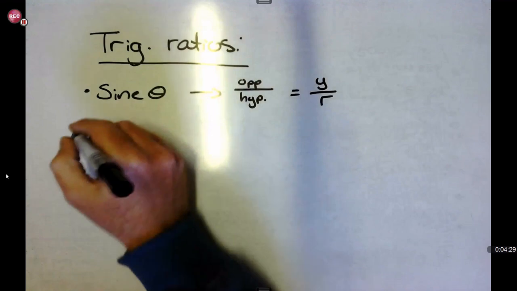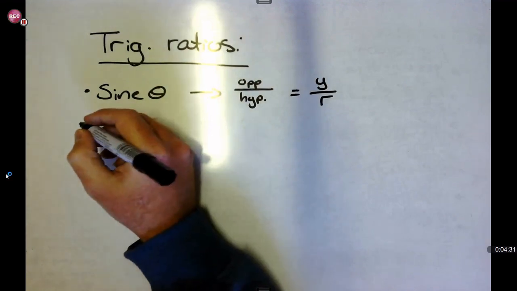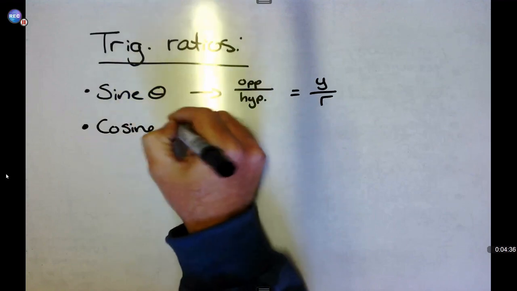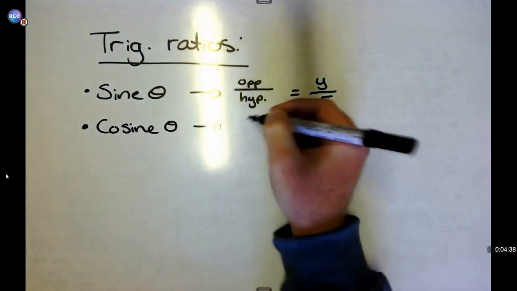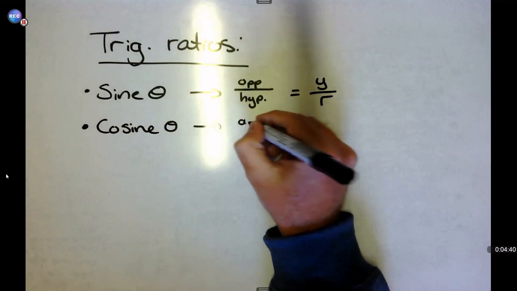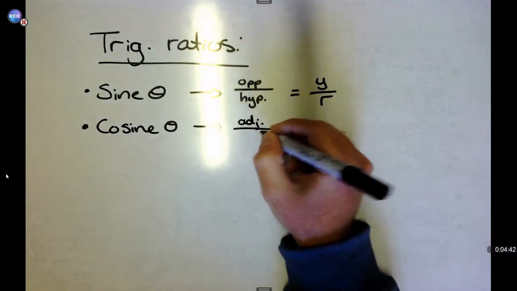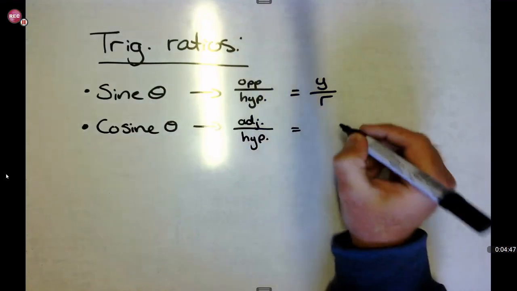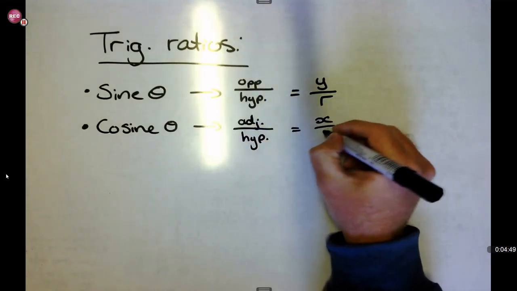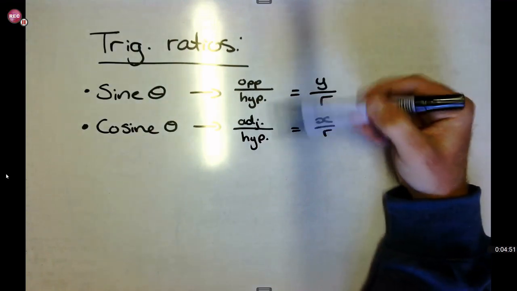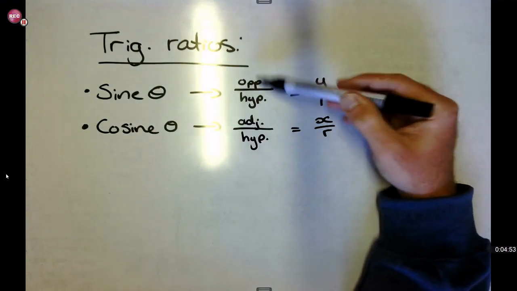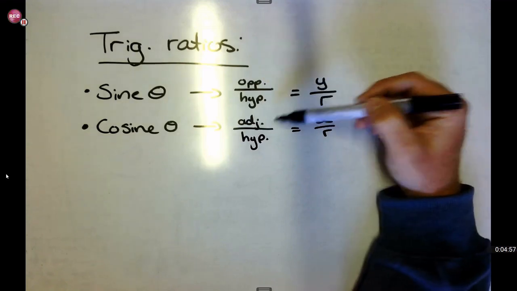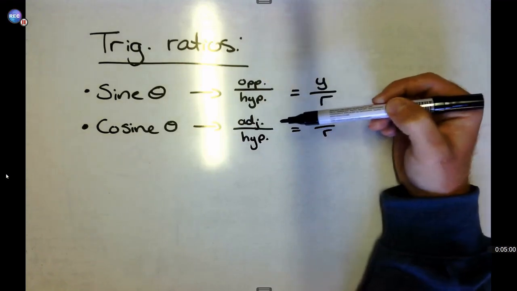Okay. Then for cosine, it is always the adjacent side over the hypotenuse, which would then obviously be x over r. So you see, the only thing that changes between these two is the numerator position, basically. So sine is opposite, then cosine is adjacent.